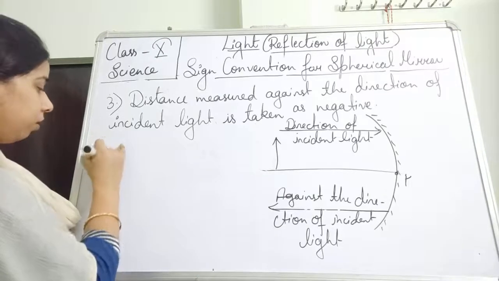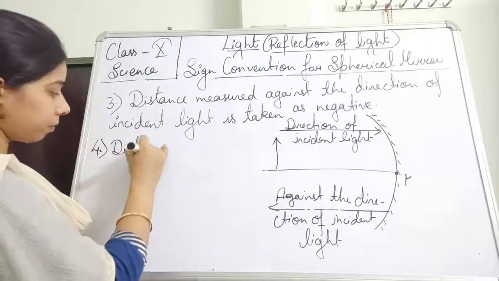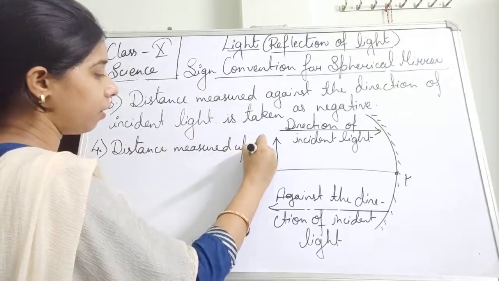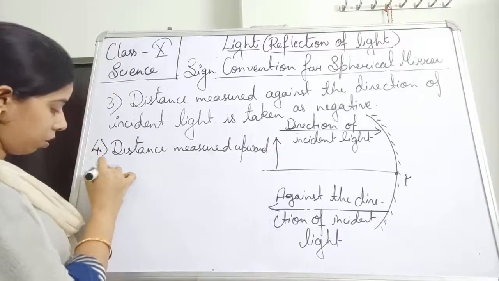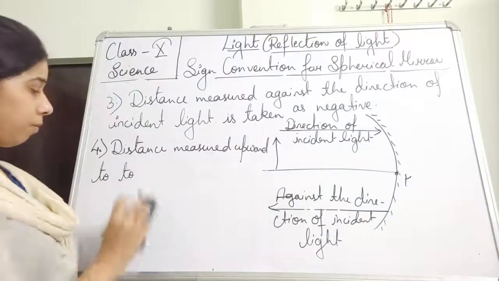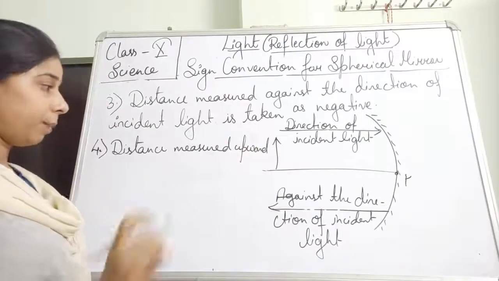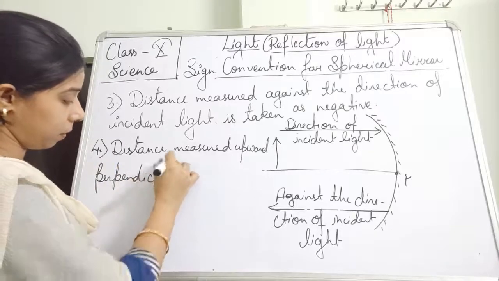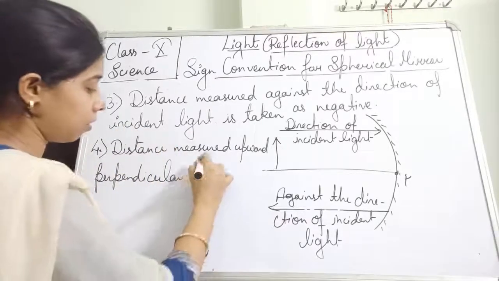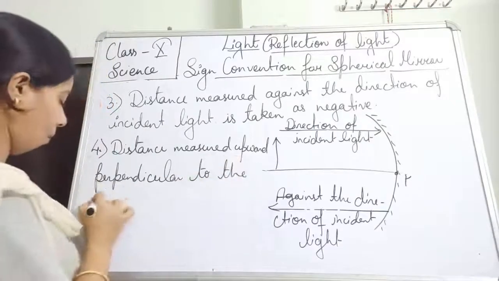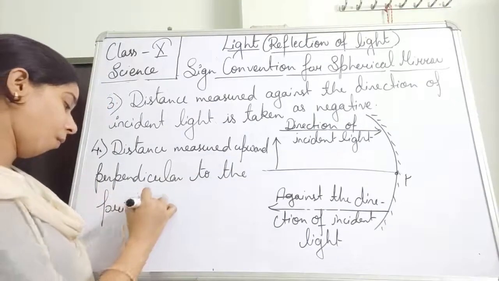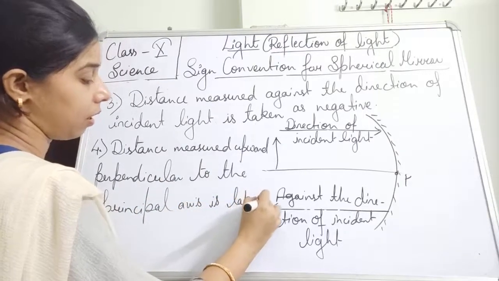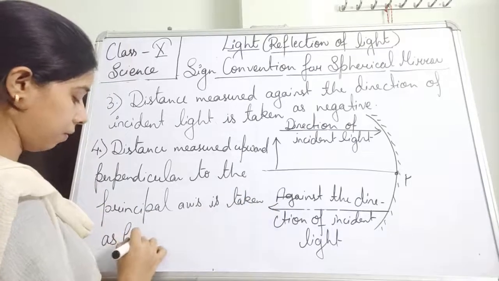Fourth one, distance measured upward perpendicular to the principal axis is taken as positive.